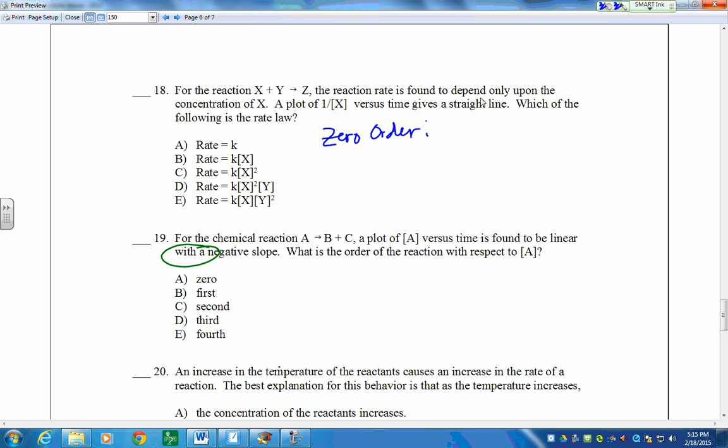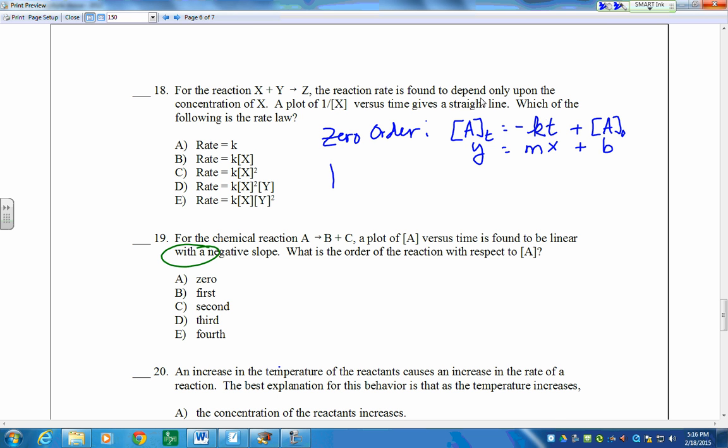The equation you use is called the integrated rate law because we had to do an integral to get this. The concentration of reactant A at any time is negative kt plus A sub 0. Think y equals mx plus b.